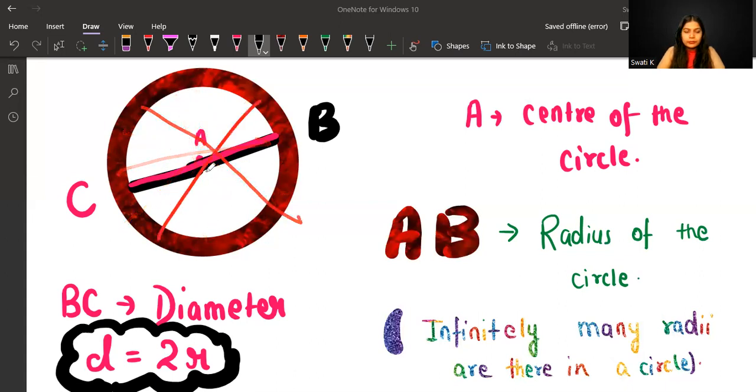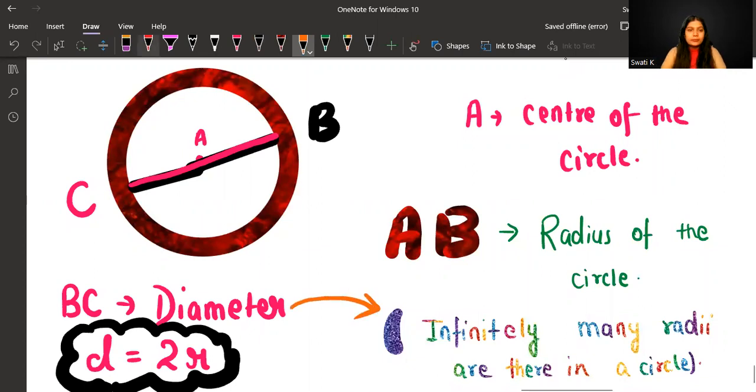Remember that. Infinitely many radii we can draw, infinitely many diameters also we can draw. So I'll just write down here radii or the diameter. So we can draw infinitely many diameters as well.